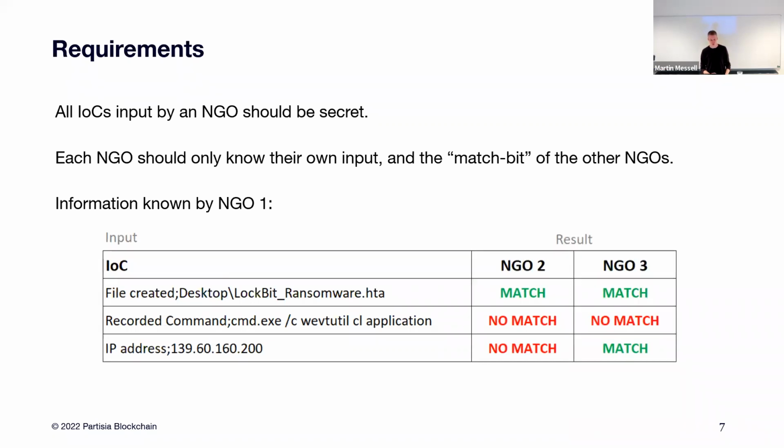So for the file that was created, they know that both NGO 2 and 3 have found this, but none of them have found the recorded command, and only NGO 3 has had communication with the IP address. So now they can communicate between themselves and then actually talk about which IOCs they want to handle. So, for instance, the recorded command, neither NGO 2 nor 3 knows that NGO 1 has found this compromise, whereas both of them now know that all of them have found this file that was created.